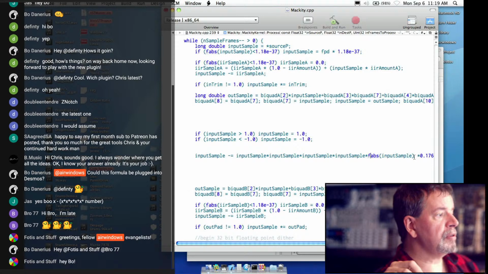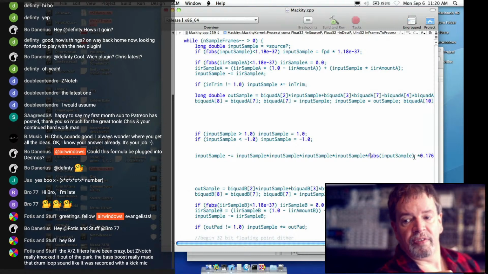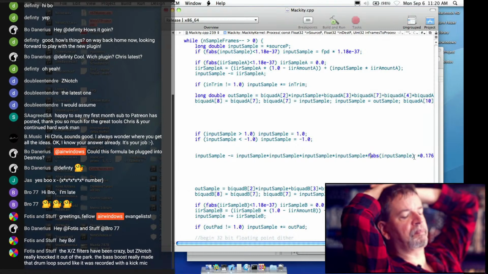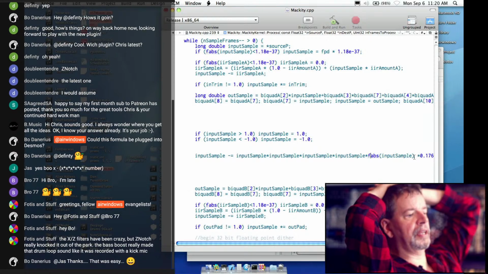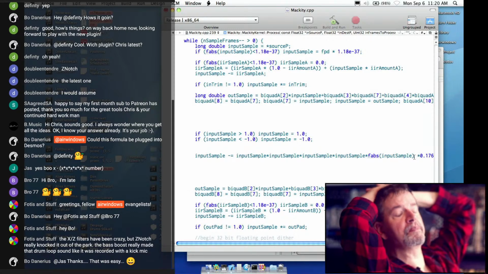In fact, if I use the power calculation, I have been told that using POW for this is terrible. Well, here's another possible reason that you might want to use it.